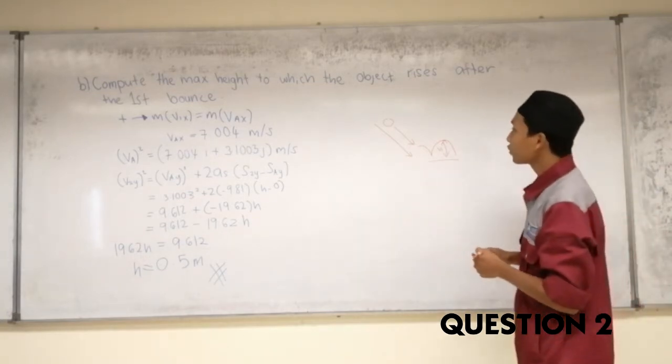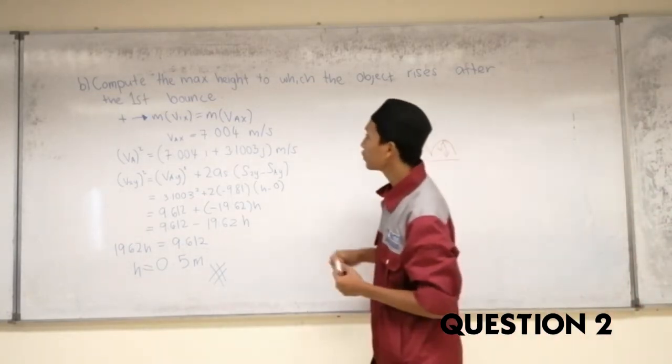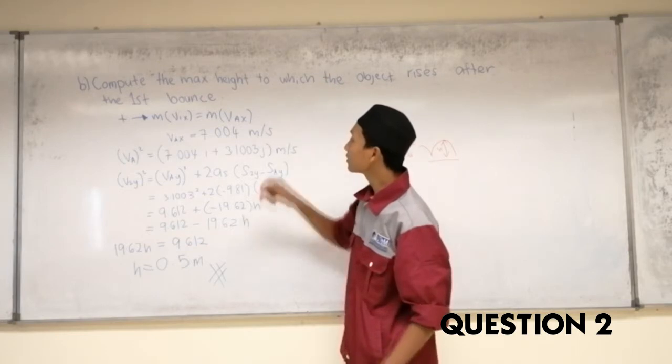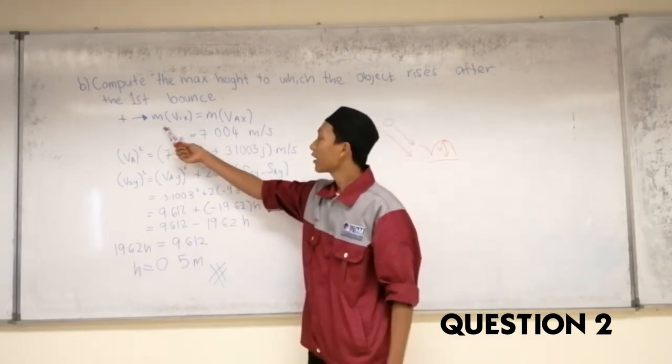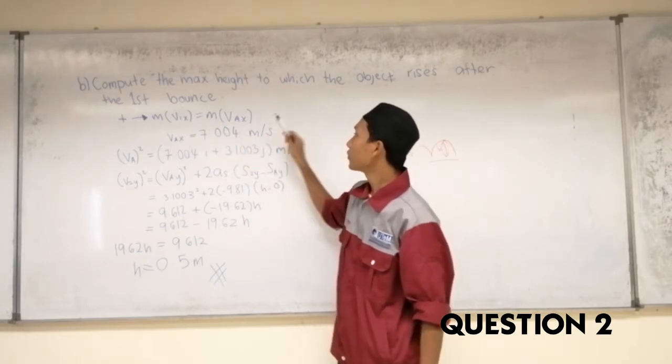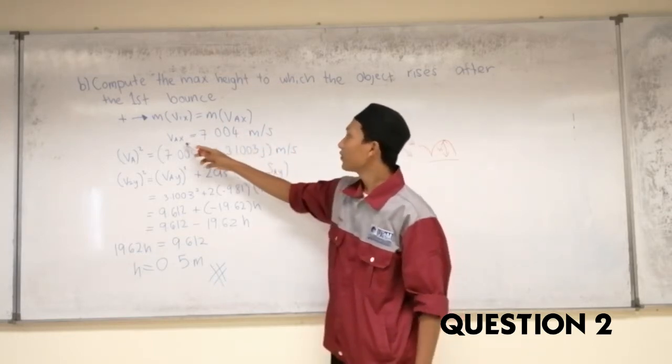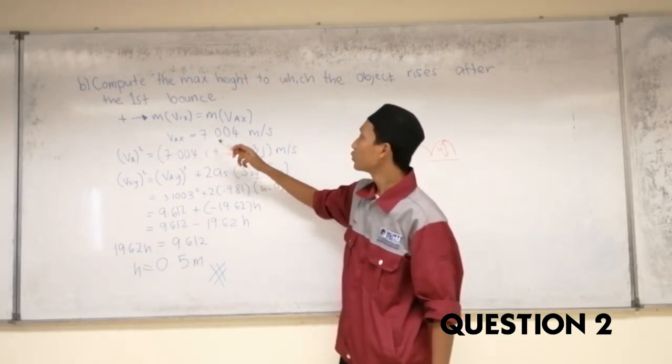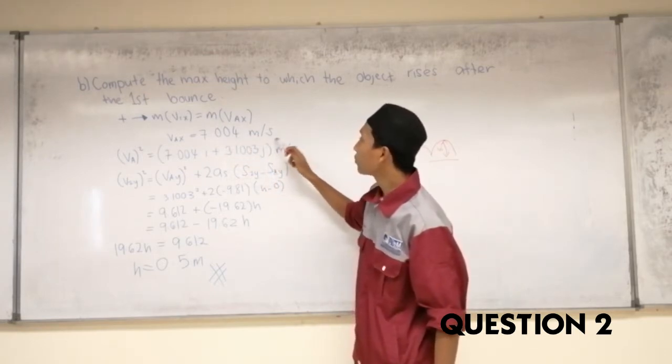We use this equation: m times v1x equal to m times vax, and we get vax equal to 7.004 meter per second.